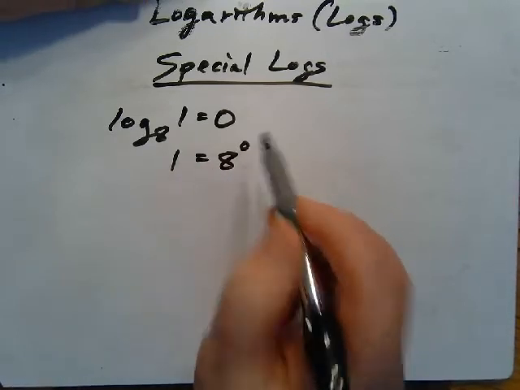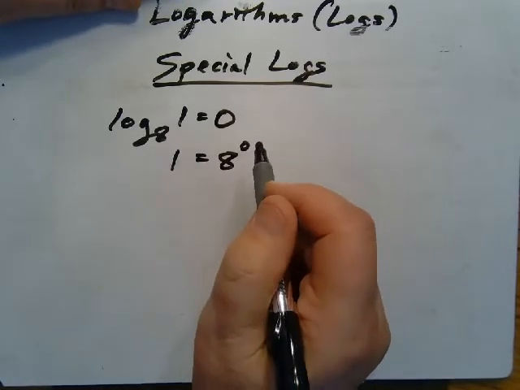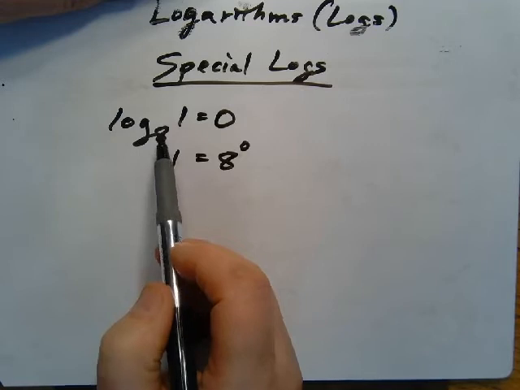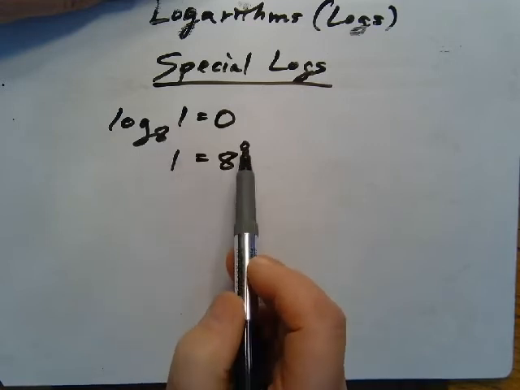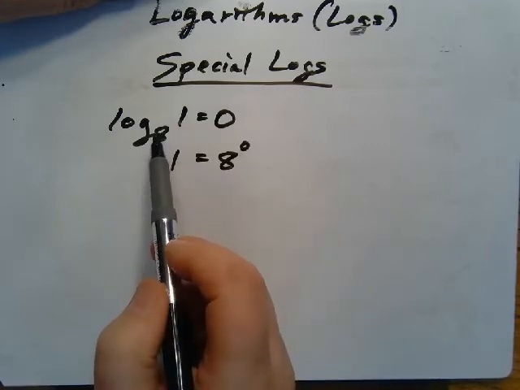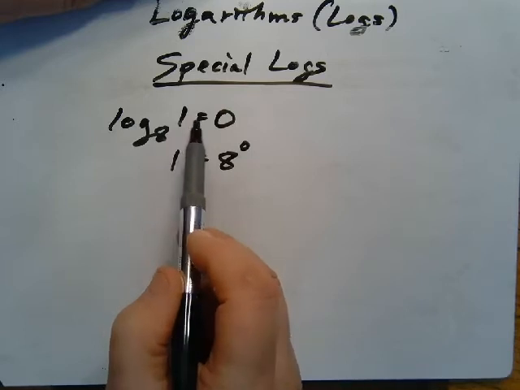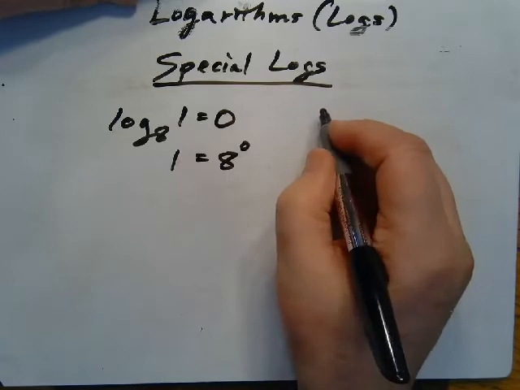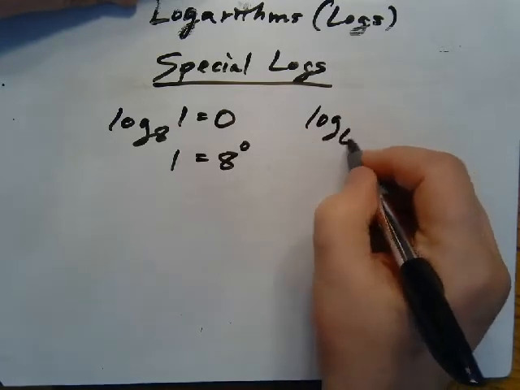Well, that's always true anytime you raise something to the 0 power. So if there's a 1 right here in the result position, no matter what the base is, anything to the 0 power is 1, so if there's a 1 in this position, the log is equal to 0. That's always going to happen. Okay, here's another situation.